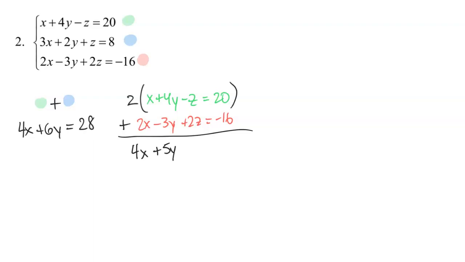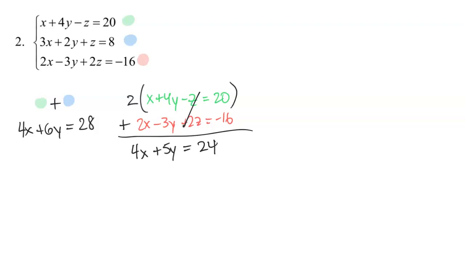When I look at the z's, remember we want those to cancel, so let's double check that they do. 2 times negative z is negative 2z plus a 2z does in fact cancel the way that we want it to. And then on the right-hand side, we're going to have 2 times 20, which is 40, plus a negative 16, which adds up to positive 24.